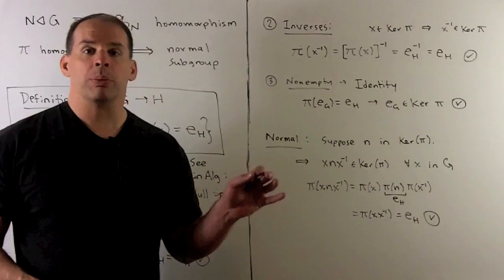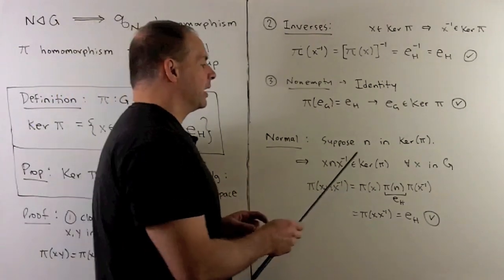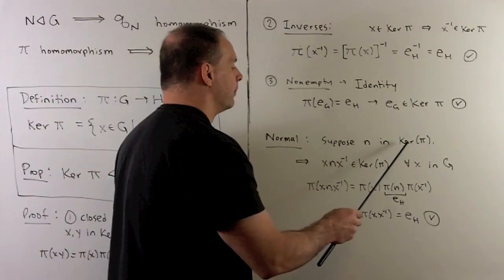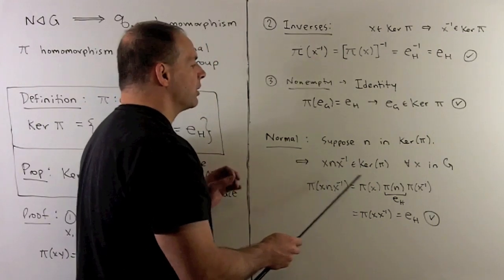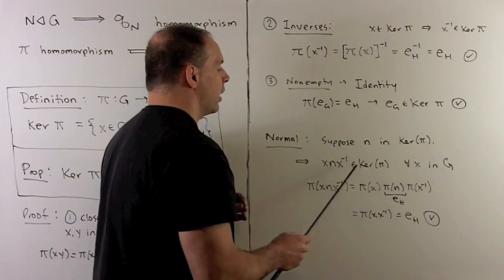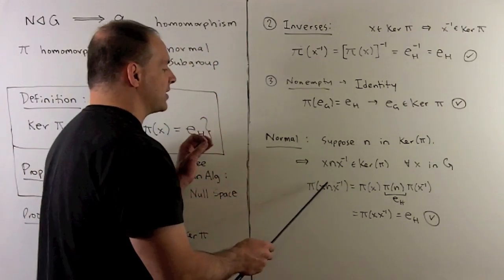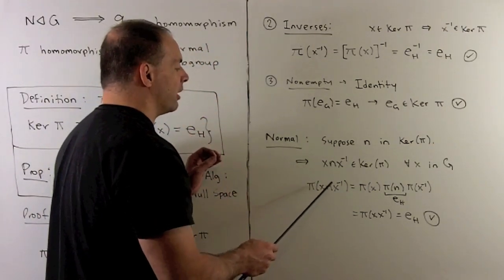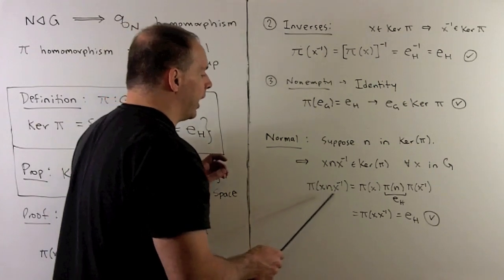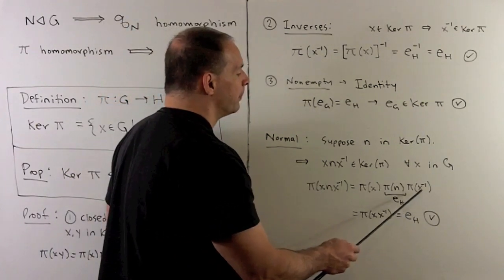Now, for the normal property, we'll pick some n in the kernel of pi. We're going to conjugate by x for some x in the group. Then I want to show that that's in the kernel. So if we apply pi to x n x inverse, the conjugate of n by x, we break it up by the homomorphism property.